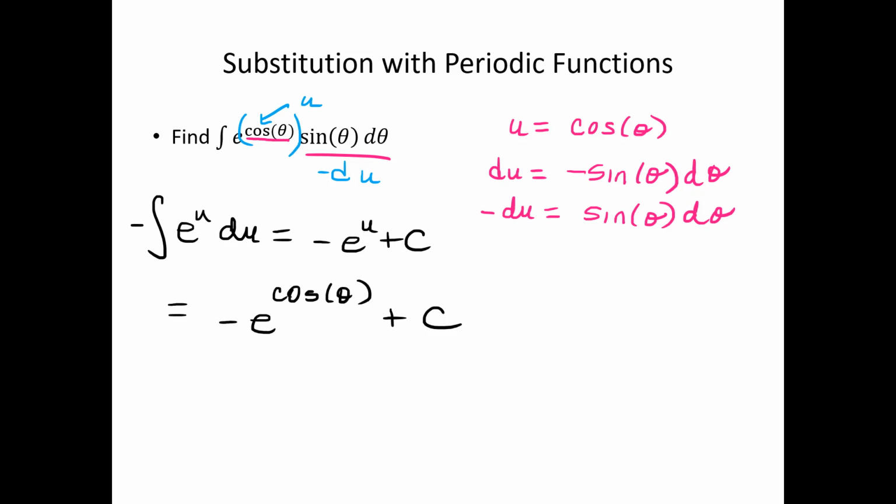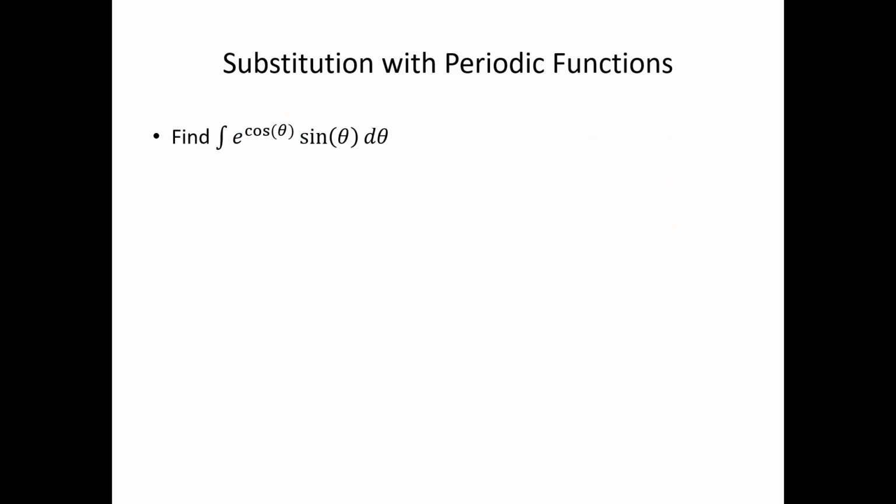All right, so the next one, I am actually going to let you work. Again, when you look at these and you decide what to pick for an inside, a lot of it has to do with, is the derivative the outside?